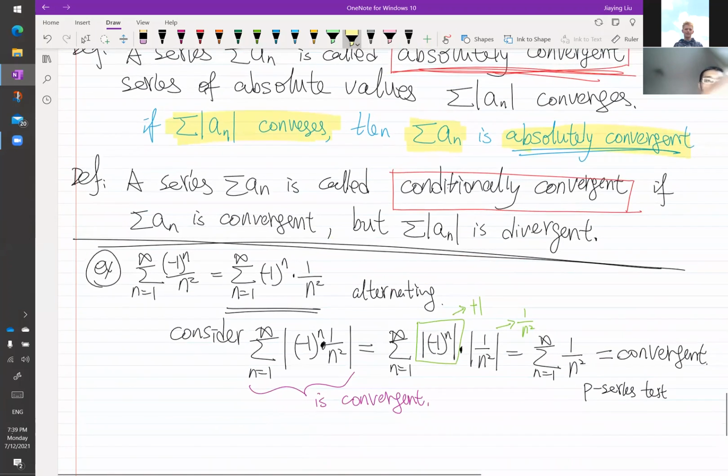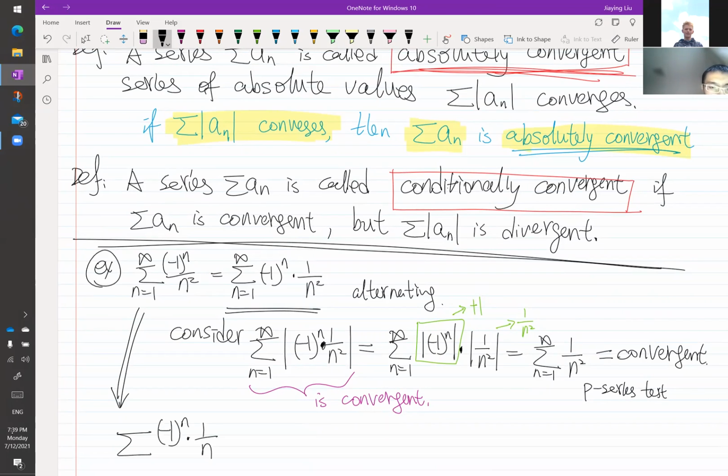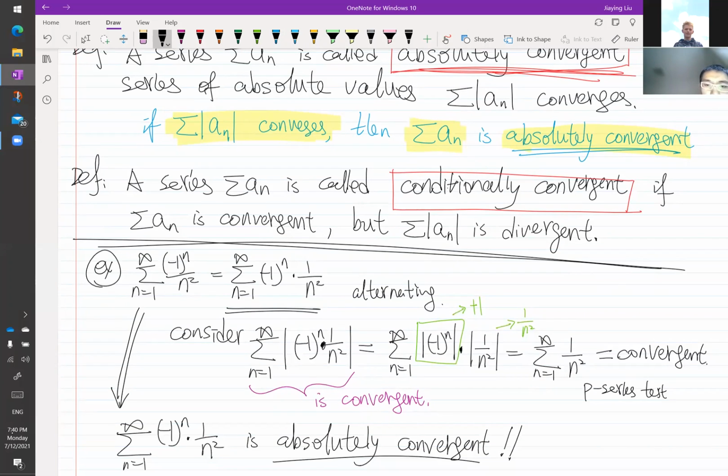So here, we found out that the one with absolute value sign is convergent, therefore the given one, this series without the absolute value sign, is called absolutely convergent. So that's what this series is.